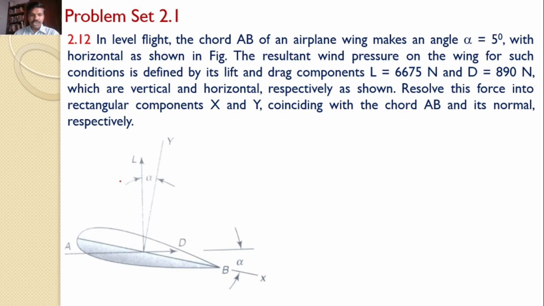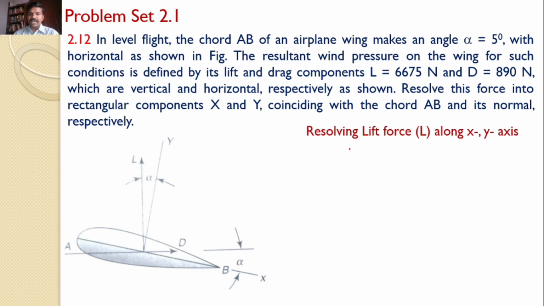Our aim is to identify the net force acting along the x-axis and the net force acting along the y-axis. So we will resolve this L force along x and y-axis, and we will resolve this drag force along x and y-axis.